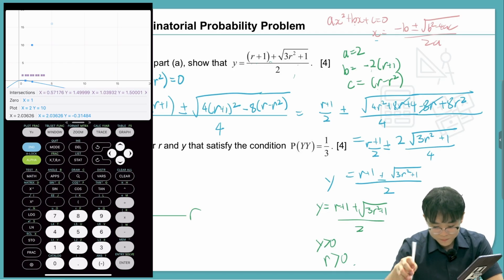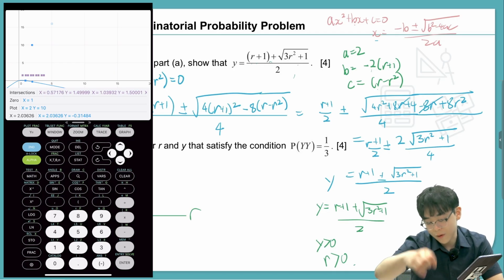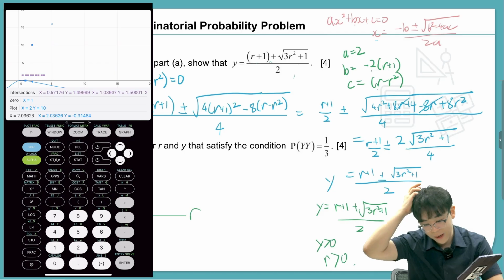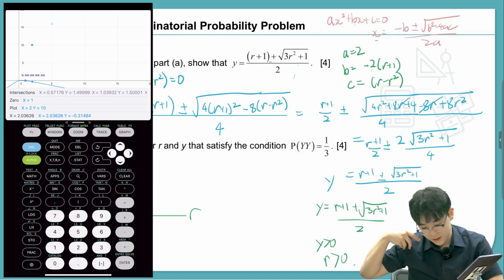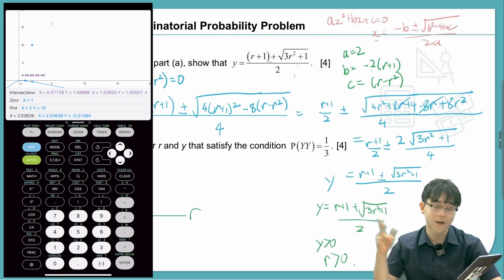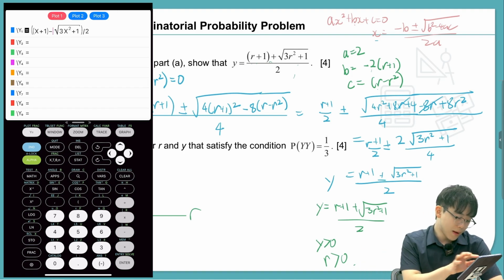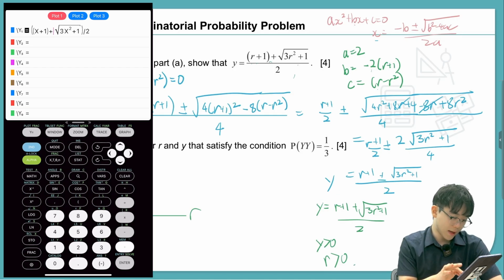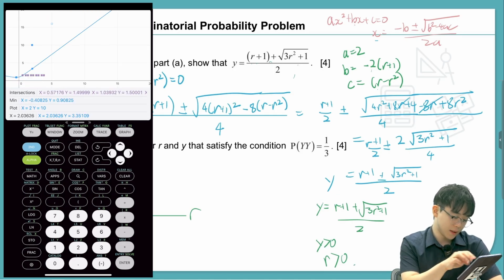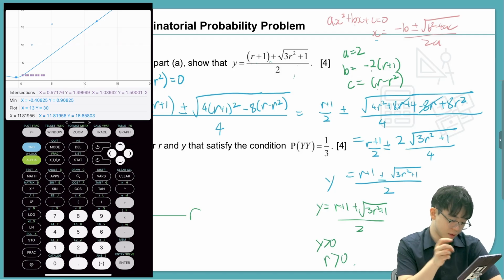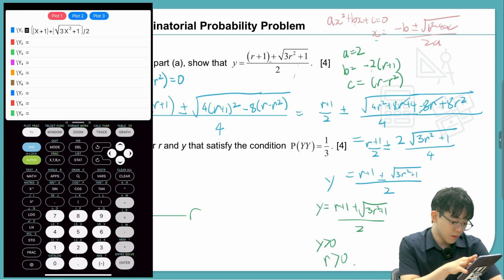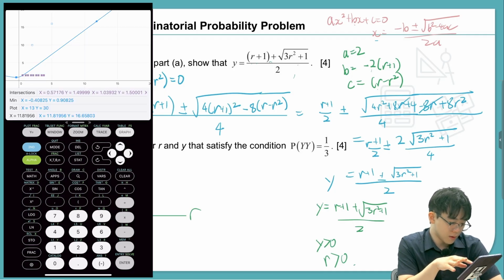And for part C, we can just find two values of r and y. There's only going to be two values for which this is going to be an integer. We're still solving the same equation from part A, but the catch is they have to be integers. So it's the same graph, but they have to be integers. So you could go to the table.